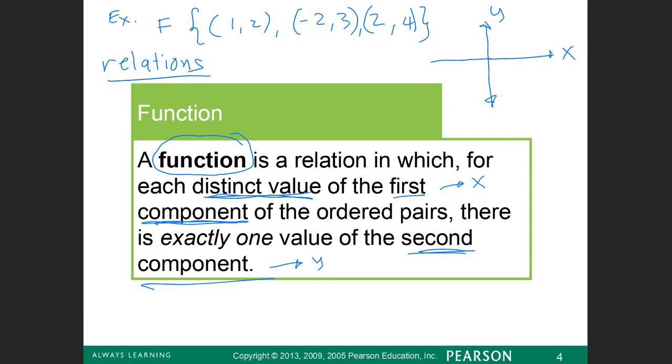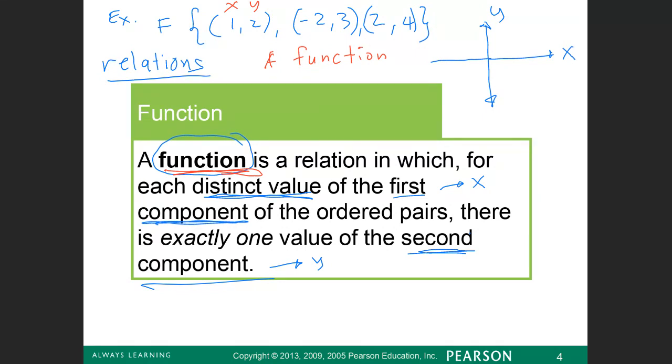Okay, the answer is a function. Why is it a function? It says here in the definition, a function is a relation in which for each distinct value of the first component, this is your x here, and this is your y in the ordered pair.